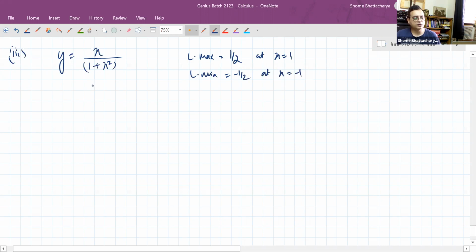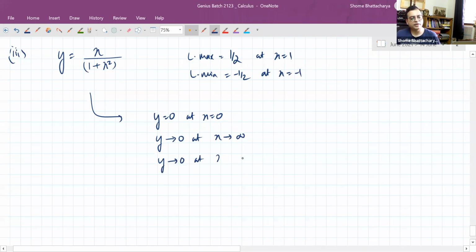Now we can also see in this that y is equal to 0 at x equal to 0. And also y tends to 0 as x tends to infinity, and y tends to 0 as x tends to minus infinity, because always the denominator will dominate.